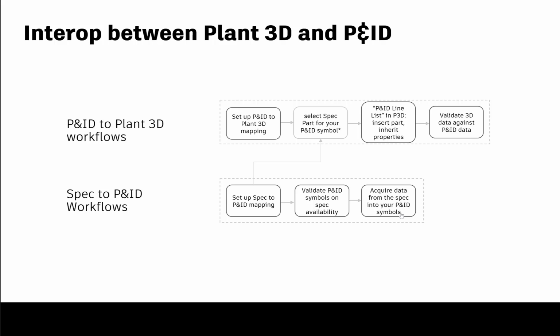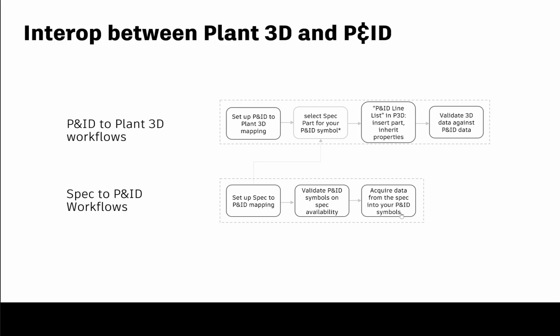So this is where you can look at the different ways you can interoperate between your Plant 3D models and your P&IDs. First is a simpler workflow where you're setting up your P&IDs, selecting your spec and your line list, and validating that data.